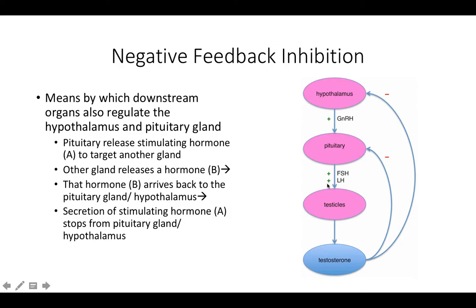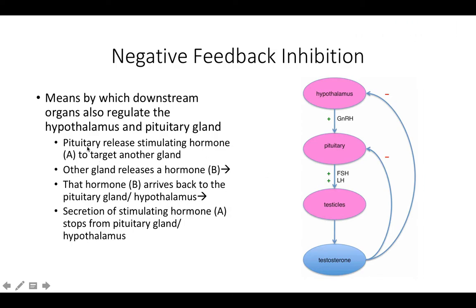So in this case, it's gonadotropins. So it's releasing FSH and LH. That's going to target the testicles so that they start producing testosterone. But once we get enough testosterone in the body, it's going to circle back to both the pituitary and the hypothalamus and say, okay, stop releasing GnRH, stop releasing the gonadotropins.